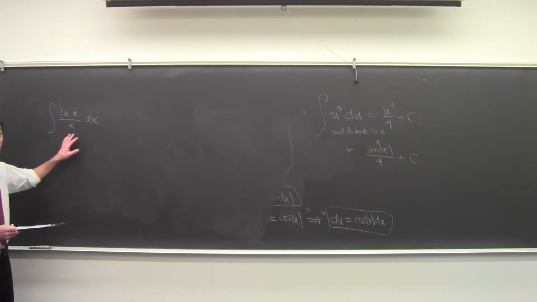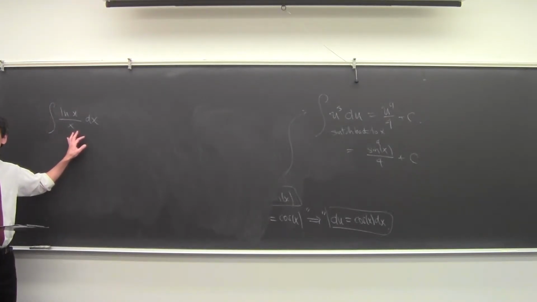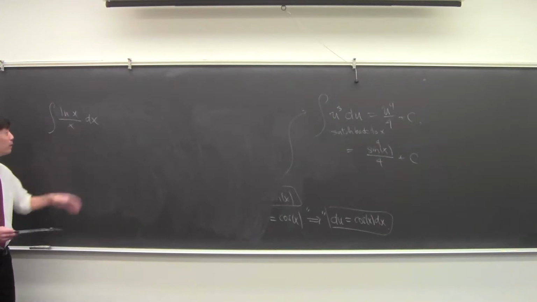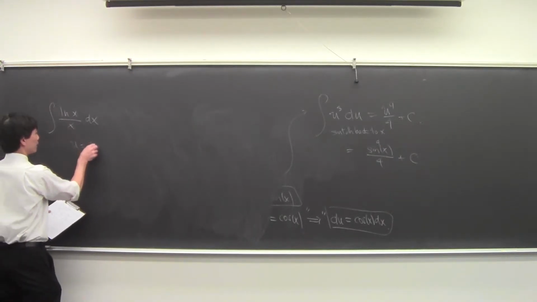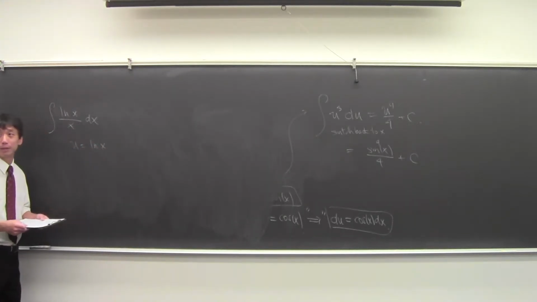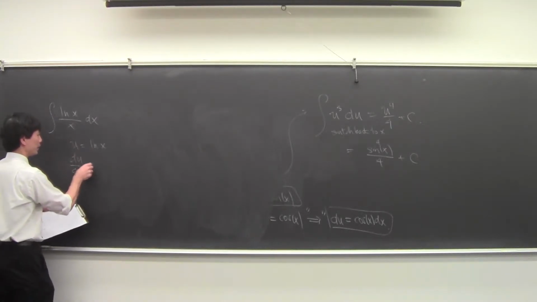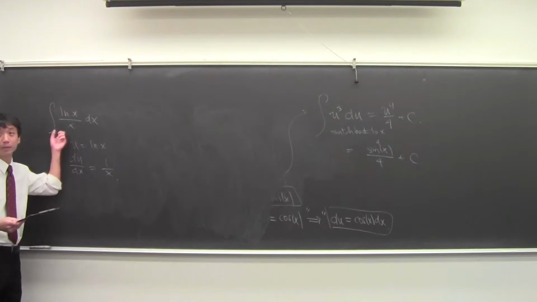So who would like to tell me what I should choose as my u? Jake. Natural logarithms. So you said, let u be the natural log of x. And why did you choose that? Because the derivative of that is 1 over x, and we've got this 1 over x sitting there.